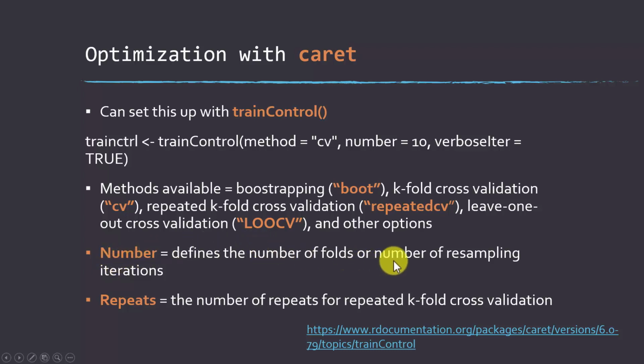If you're doing bootstrapping, it'll be the number of resampling iterations. For repeats, that's if you're doing repeated k-fold cross-validation, this is the number of repeats. So if we went up here and changed this to repeatedcv, we could do number equal to 10, and then repeats equal to 5 to get 10-fold 5 repeat cross-validation.